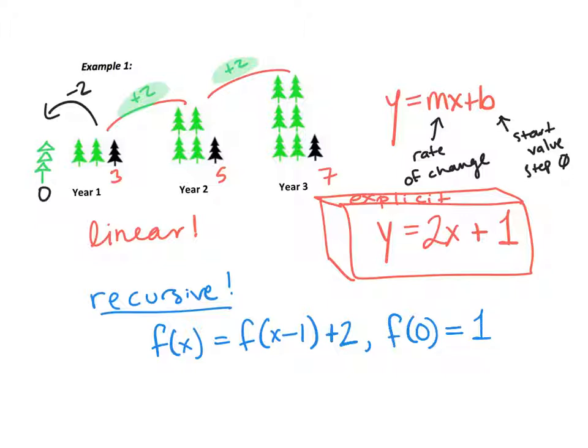If you mess some of this up on the quiz, get out your highlighter and highlight this. I need to remember to put the starting value, or I need to remember that this is M and this is B. Make sure you can tell me or tell yourself later on that you know what to do. Okay.